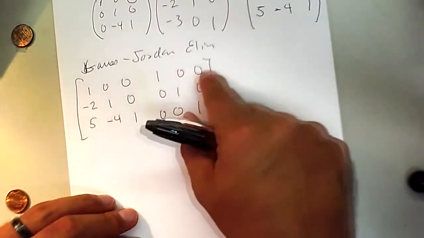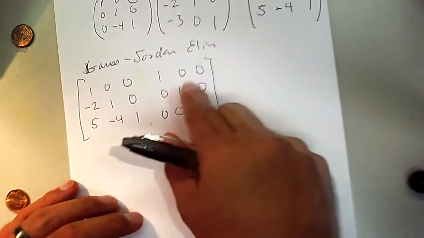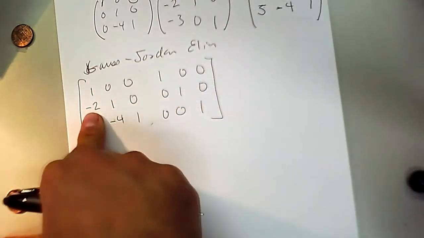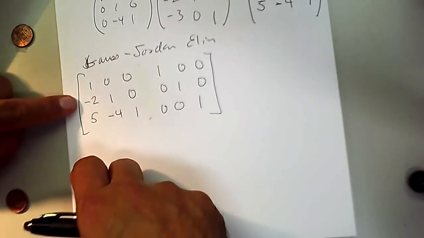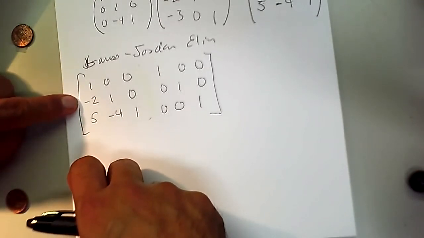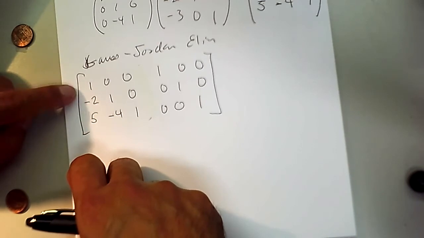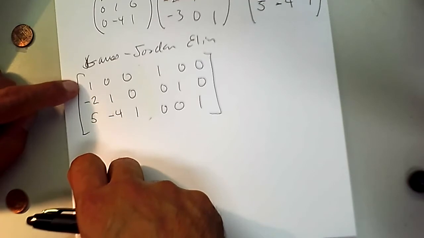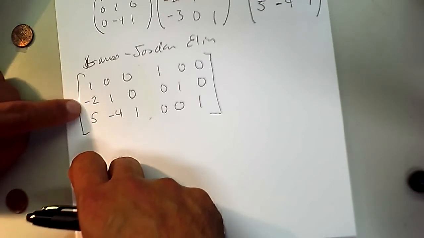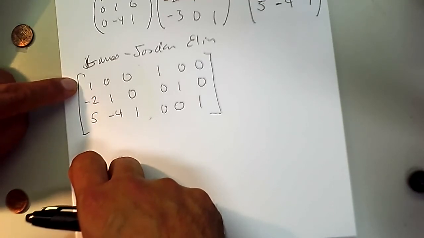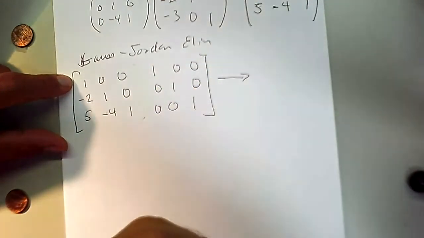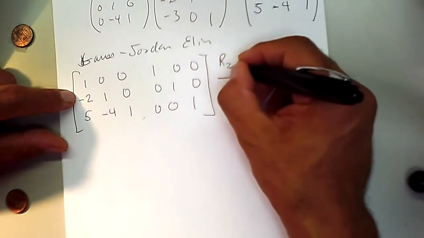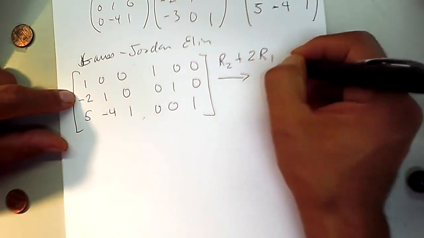All right, so we're going to perform what is called row operations to transfer this into here. So we want to get rid of this guy. The way we can get rid of it is, take the second row and add twice the first row.